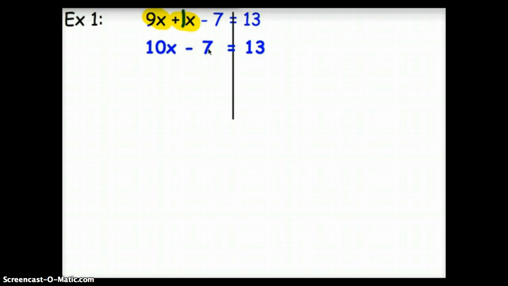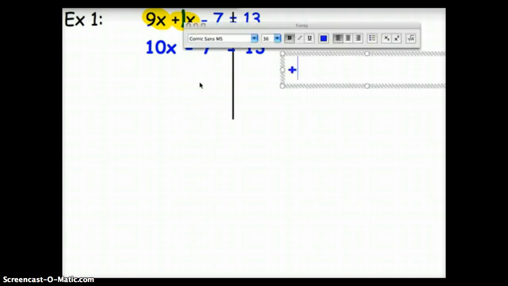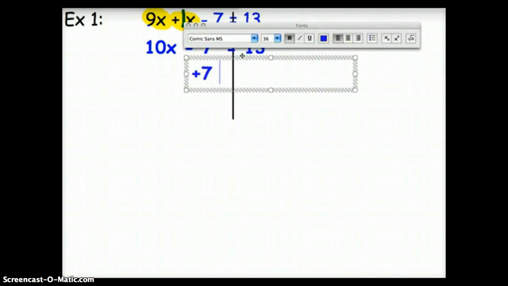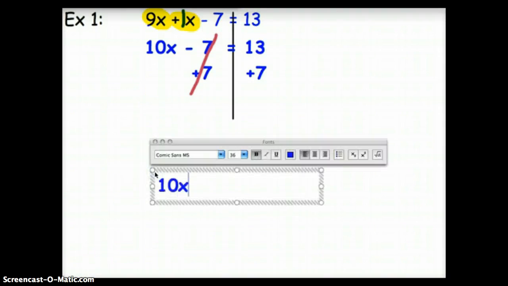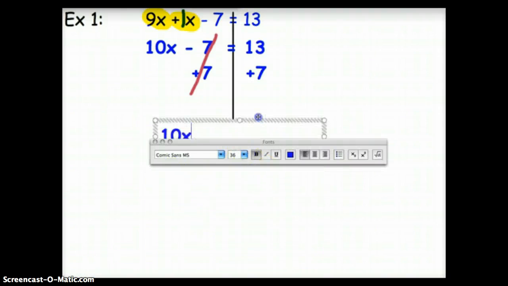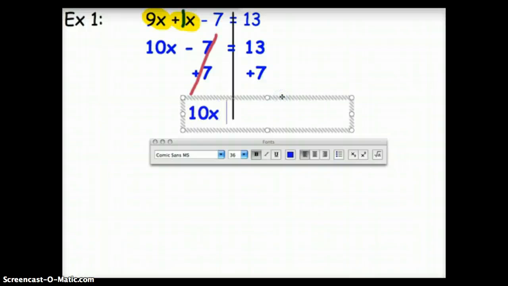Well, the inverse, or the opposite of subtracting 7, is going to be adding 7. And we need to do this on both sides of our equation. Negative 7 plus 7 cancels, so I'm simply left with 10x equals a positive 20.